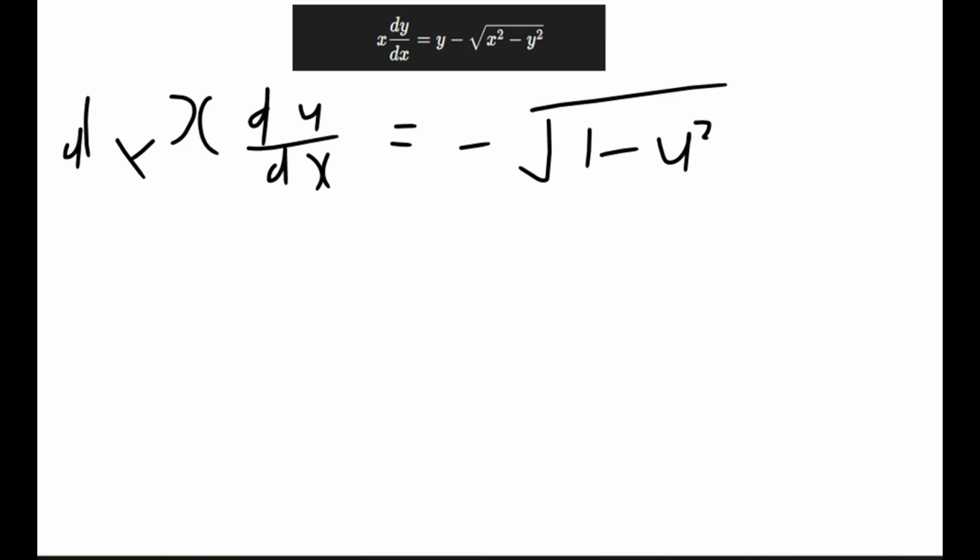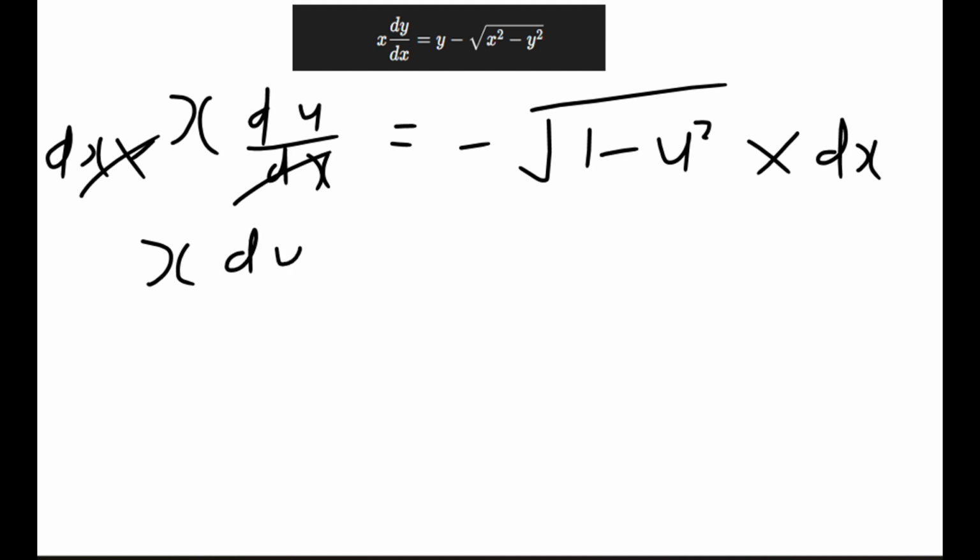Okay, so we multiply through by dx to clear the denominator. So we multiply through by dx, and we cancel out dx. So we have x du is equal to minus the square root of 1 minus u squared dx.